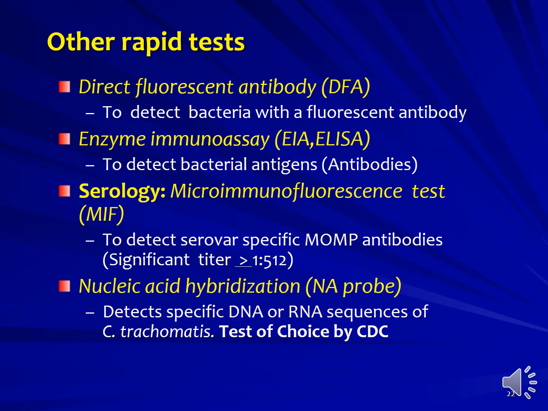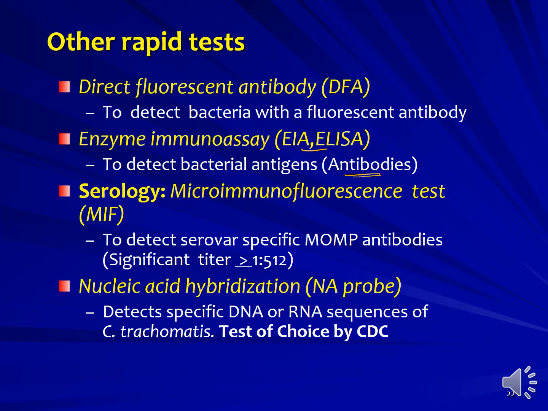Rapid tests available are the direct fluorescent antibody test to detect the bacteria with fluorescent antibody, and ELISA or enzyme linked immunosorbent assay to detect the antigens, and sometimes antibodies too.